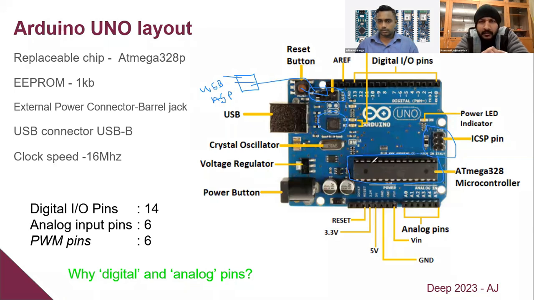Another one, this chip here, contains something called a bootloader. This bootloader adds the capability to this board so that it can be programmed through a computer, so that you don't need a dedicated programmer to program this chip.